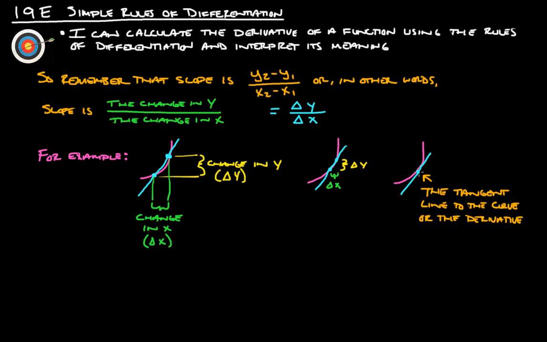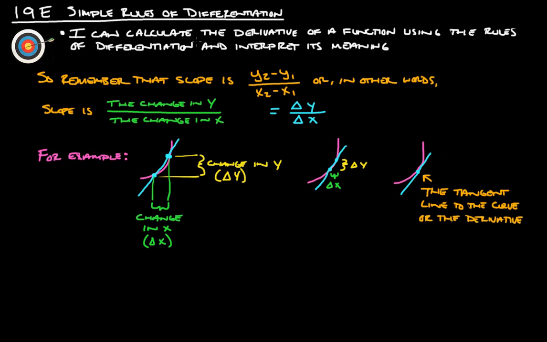As you approach this exact point, this is considered the tangent line to the curve. We can use limits to get really, really close to this point. This tangent line to the curve is the derivative.